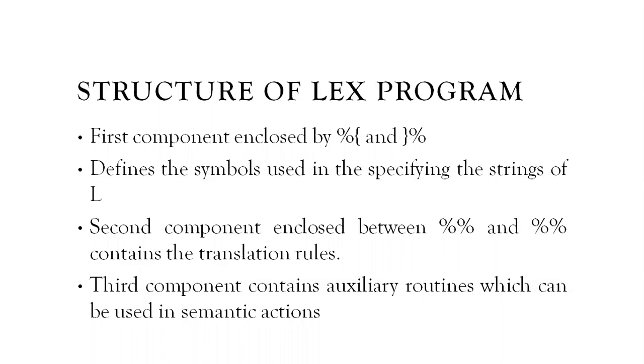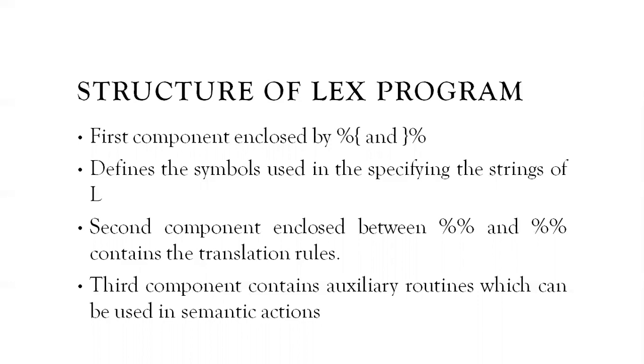This is given in between double percent signs. The second component is also important to give the translation rules. The third component contains the auxiliary routines. Auxiliary routines means the semantic actions which can be performed depending on the identification of a particular string.